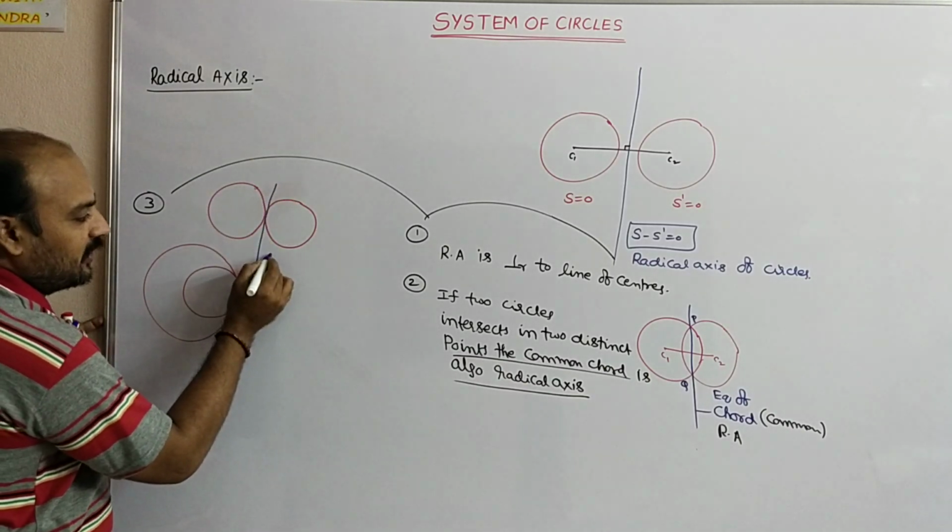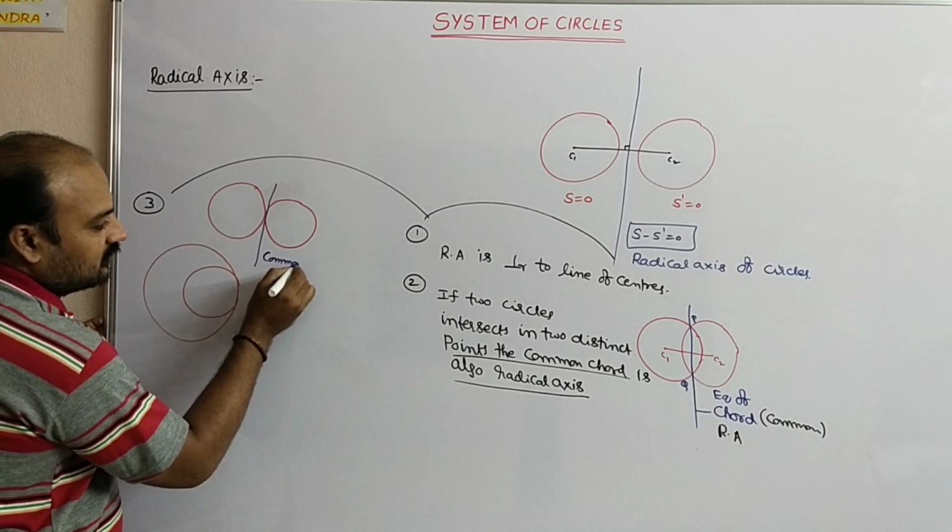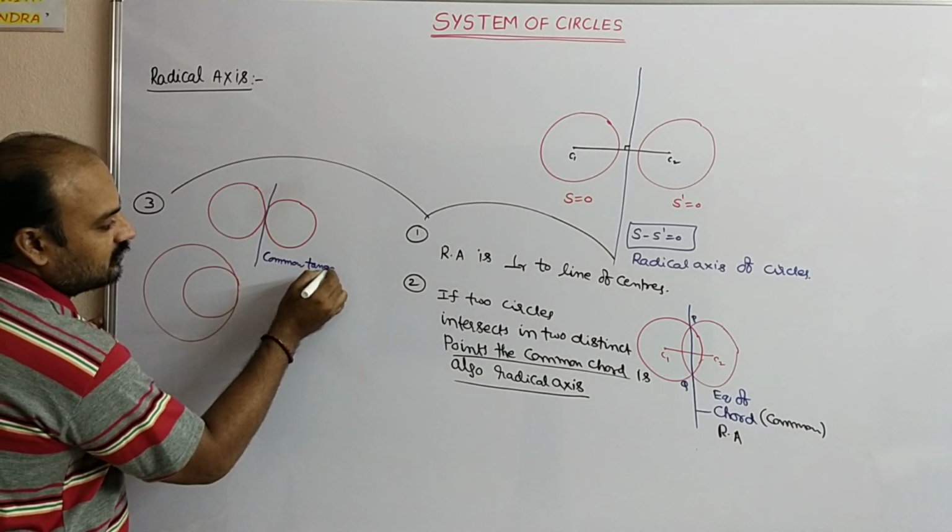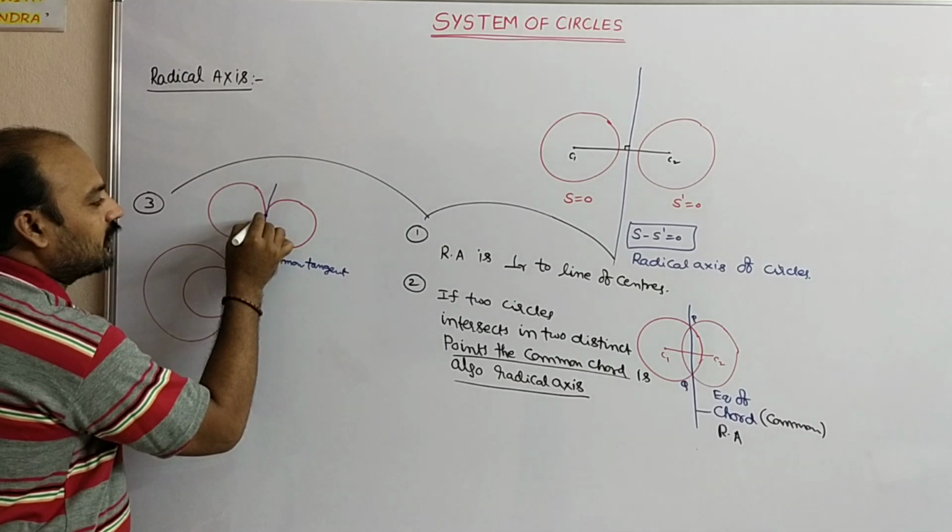This is called the common tangent at the point of contact.